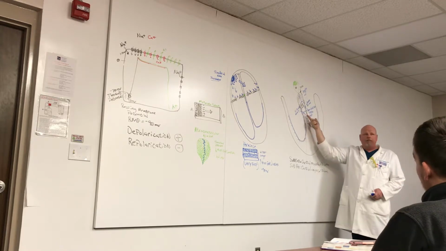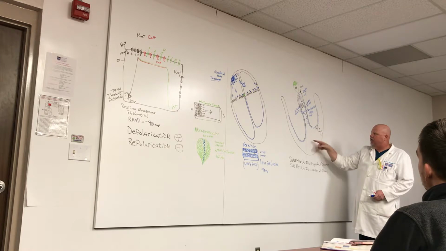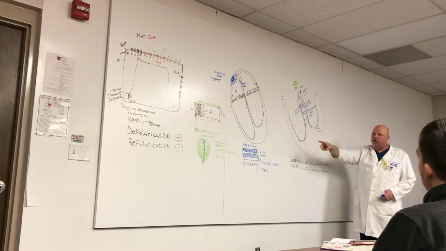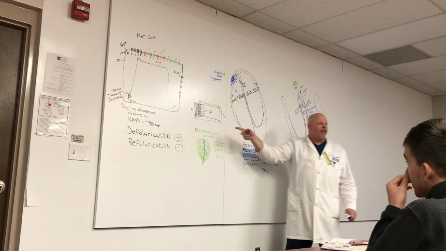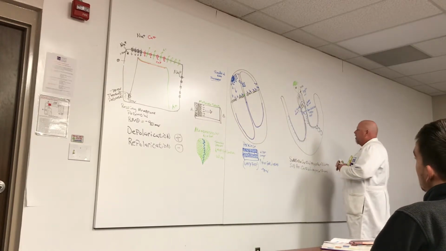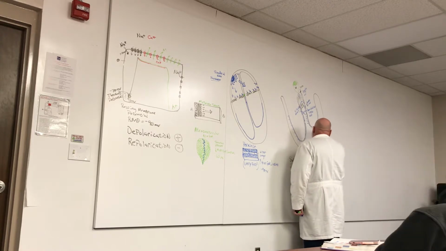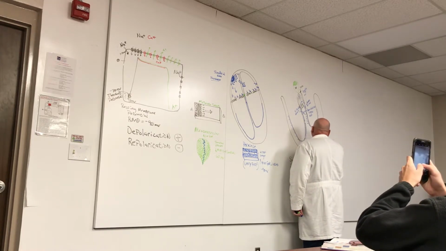We get a depolarization wave up and to the right. Now we come through here, we have this large portion of heart. Remember what I said about larger portions of heart, we get a bigger what? Vector.